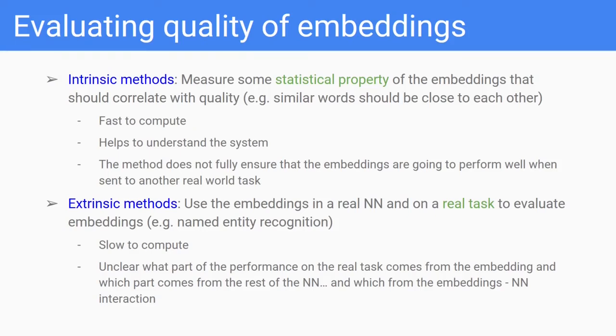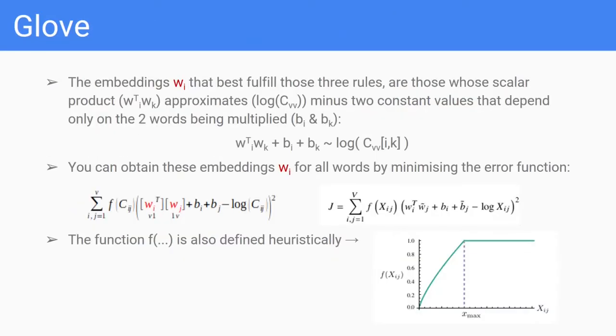And then there is another approach, the extrinsic one, which is more difficult to compute, because what you do is use the embedding in a real full task. But imagine that how your embeddings end up depends on 5 different parameters. For instance, in the example of GloVe, you have to decide what this X max is going to be, and whether here you put a logarithm or something different, or a square or whatever.